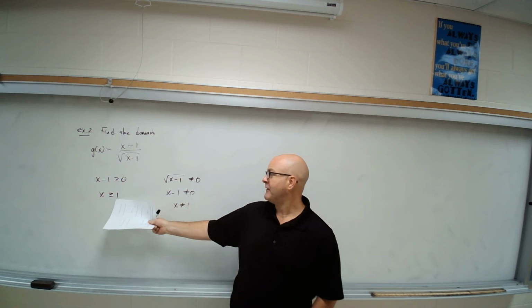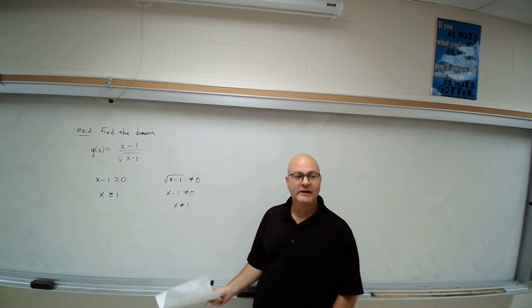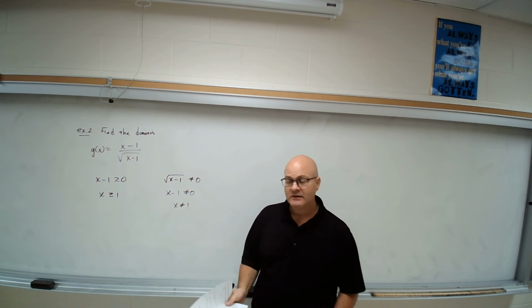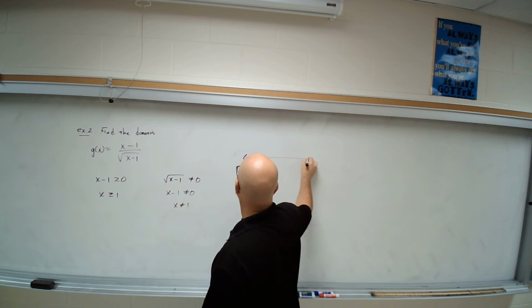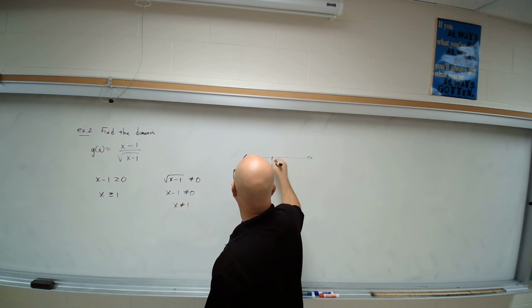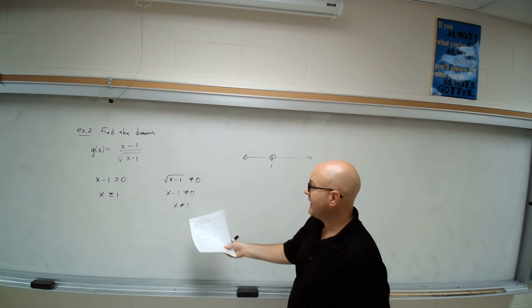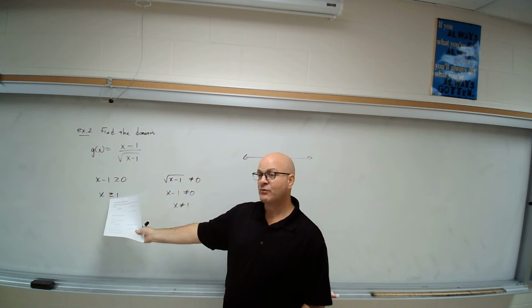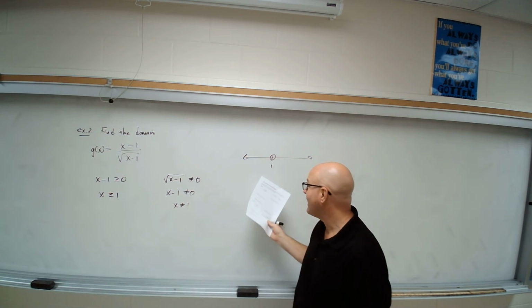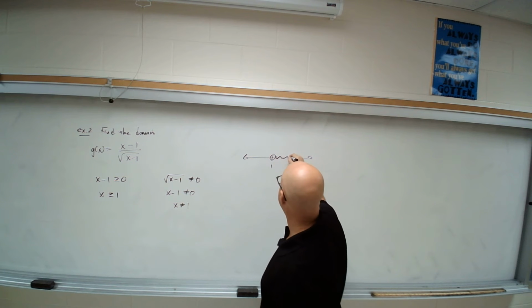So see, if we would have left the equal out, we would have been fine, but we could write it as 2 pieces also. So on our number line, I have 1, and I have an open circle at 1, right? That's the not equal to, and then x is greater than or equal to 1, but we said it can't be equal, so it's just going to be greater than.